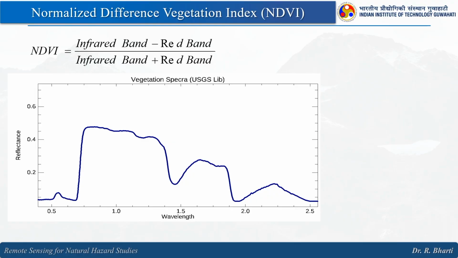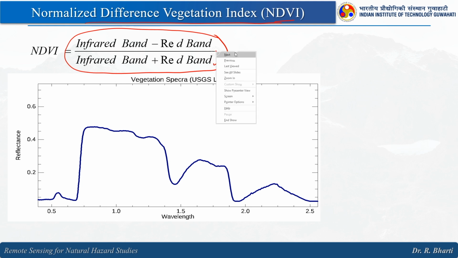We will take another example, which is a very famous index called NDVI, the normalized difference vegetation index. The formula is infrared band minus red band, divided by infrared band plus red band. Here these two are divided, so this is a normalized index, a normalized ratio.